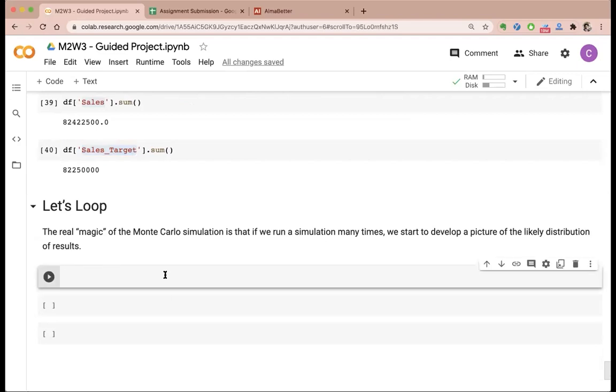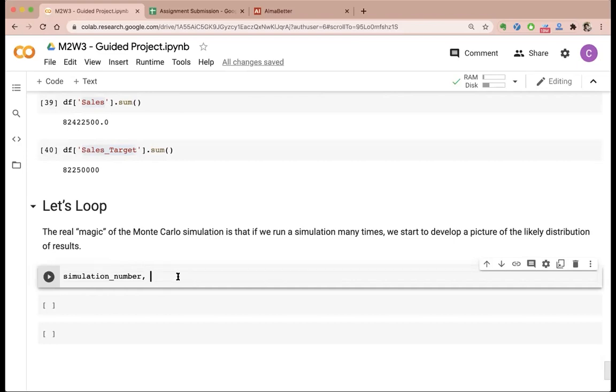Your final data frame should look something like this. It will have a column called the simulation number, which will vary from 0 to 999. I want you to run 1,000 simulations.